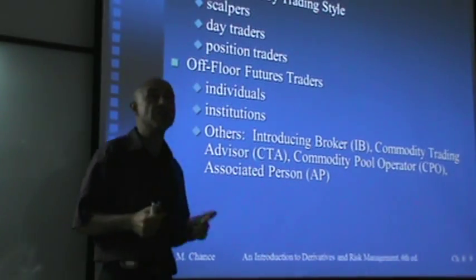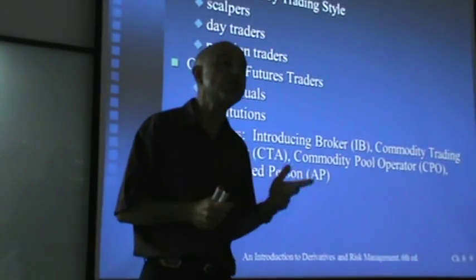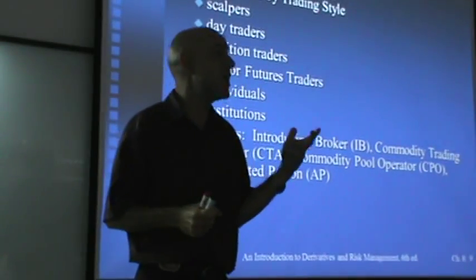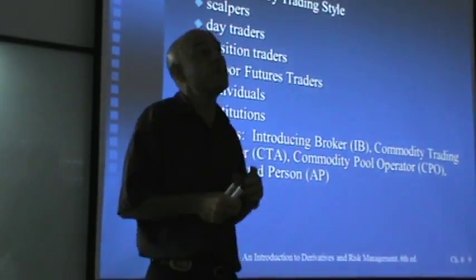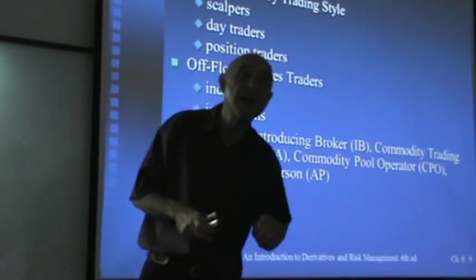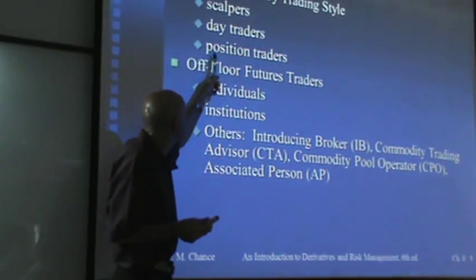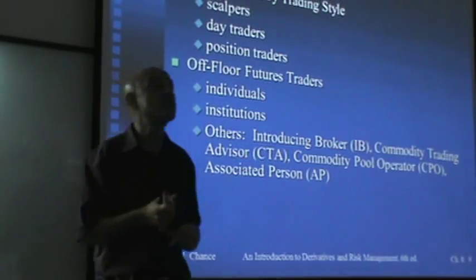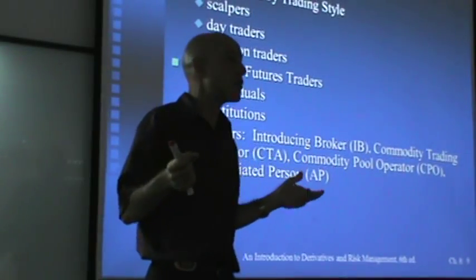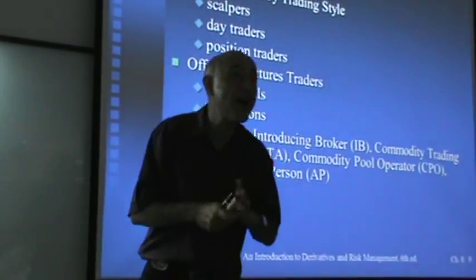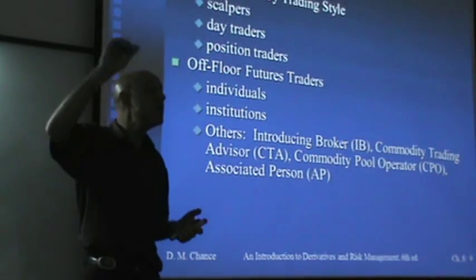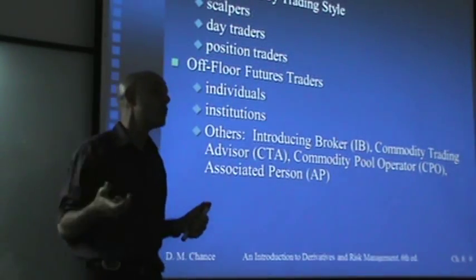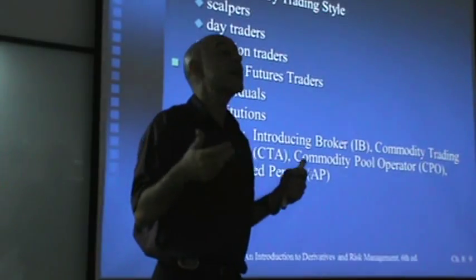And position traders. Position traders will hold a position usually for a couple of days, usually maybe for 2, 3, 5 days. I have been mostly a position trader and what is known as a swing trader. A swing trader will try to catch an intermediate move on the way up or on the way down, usually for a couple of weeks.